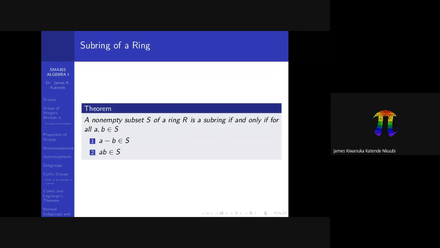We may use this theorem later to check if a subset is a subring.